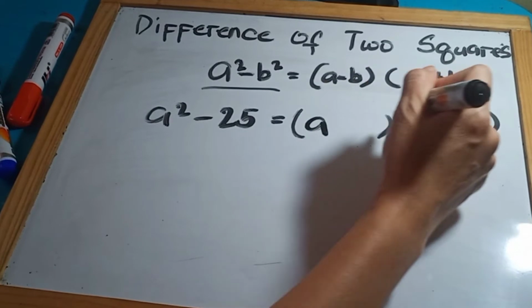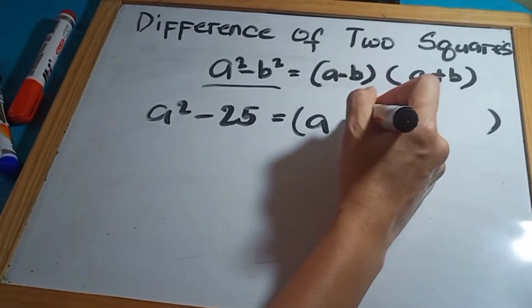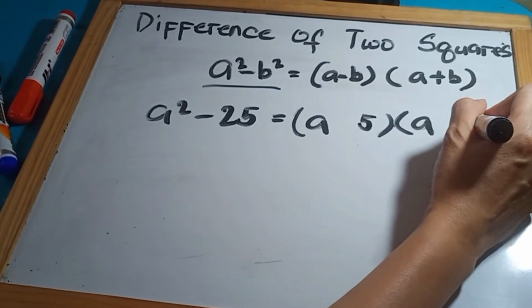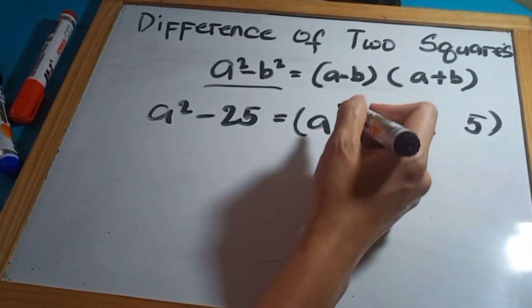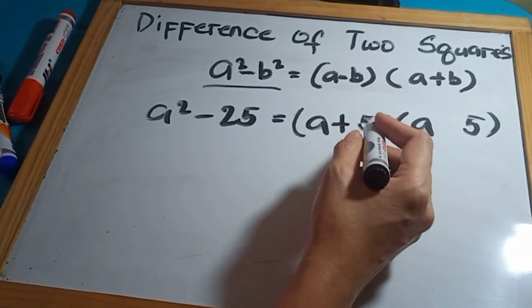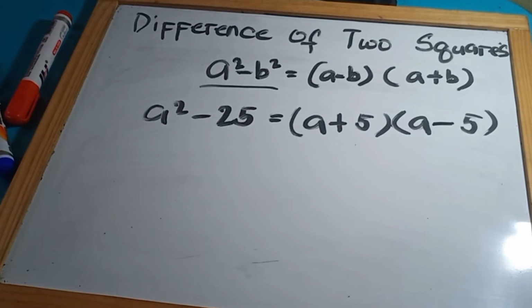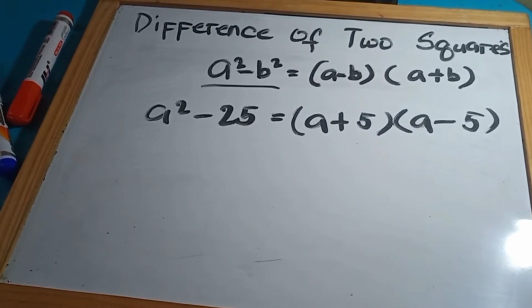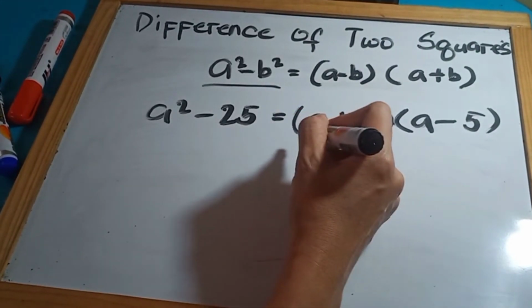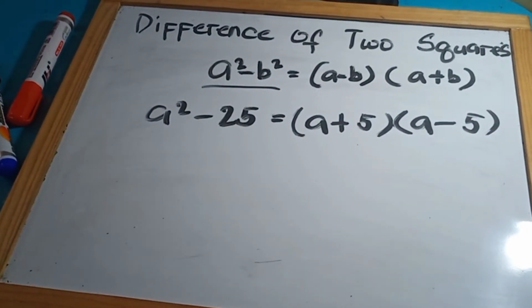That is a and a. How about yung 25? That is 5 and 5. So, sabi, sum and difference. So, a plus 5 times a minus 5. So, yan na yung kanyang factor. a plus 5 times a minus 5.